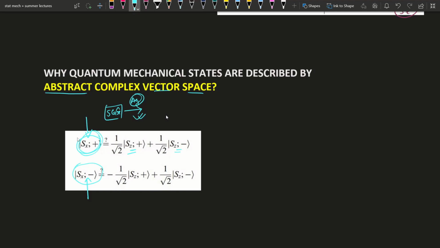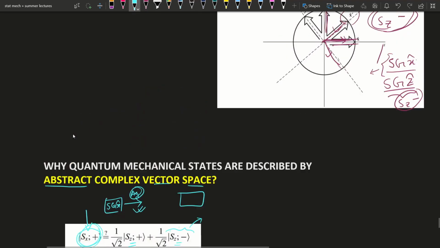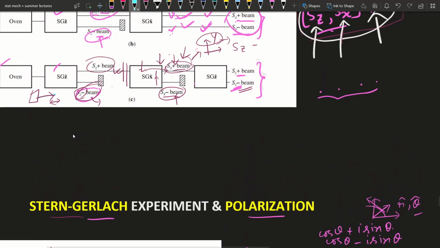Now what is the need of complex numbers? You may now understand clearly why there is an SZ minus component after the blockage in the third part of the sequential Stern-Gerlach experiment. Why, after the blockage of this, do we get the SZ minus beam again after the third measurement?